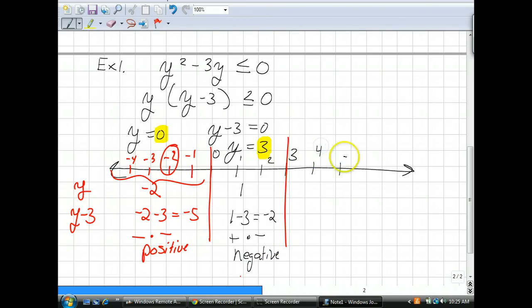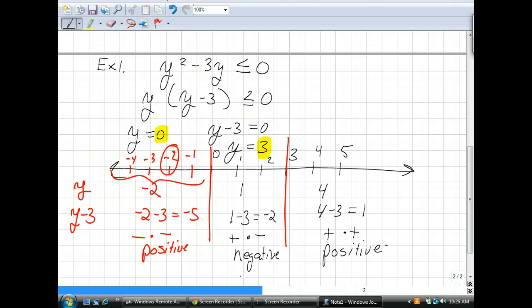Then I go to the last interval and I choose a number there. So I'm going to choose 4. So I'm going to put 4 in for y, and 4 minus 3 equals 1. So I have a positive times a positive, which is going to give me a positive value.